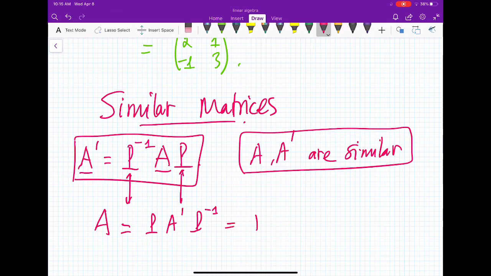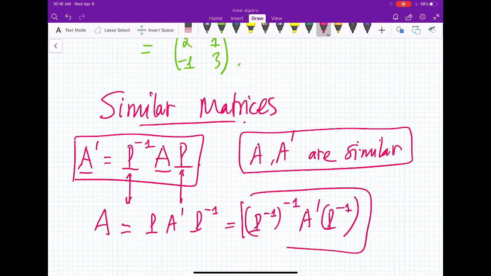So that is nothing but P to negative 1 inverse, A prime, P to negative 1. Makes sense? This is also of this form. Agree?